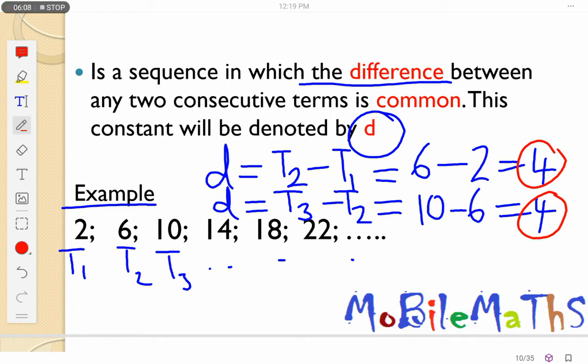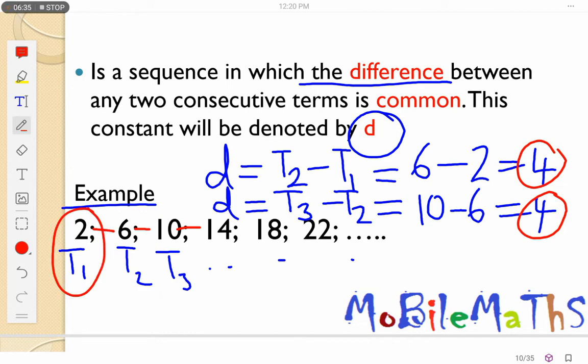It means from 2 to 6, I'm adding 4. From 6 to 10, I add 4 to get 10. Adding 4 to 10, I'll get 14. So there is a common difference of 4 there. Here we have introduced a number of things. We've introduced the first term, 2, known as T1.